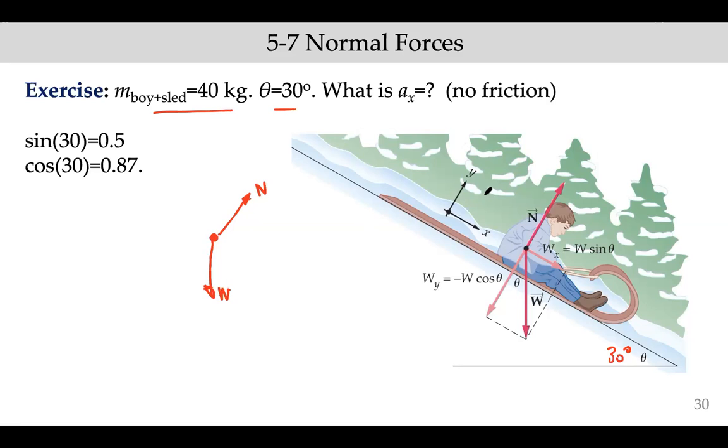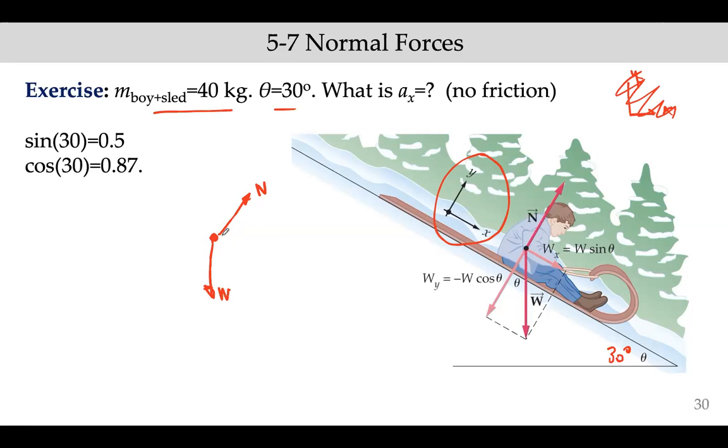For this problem, you can choose any coordinate system. For example, you can choose this coordinate system, but it will be easier if you choose this one. So that's what I'm going to do. In this case, the normal force is in the y direction, but the weight is not exactly in the x and y direction, so I have to calculate its components.